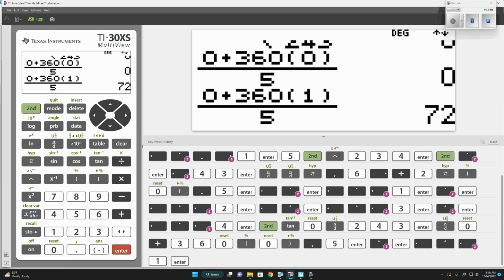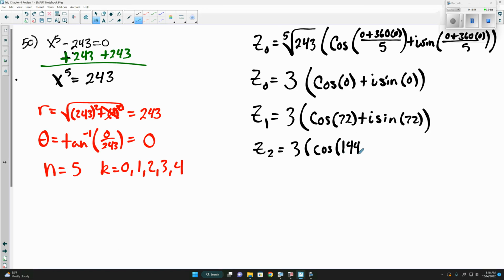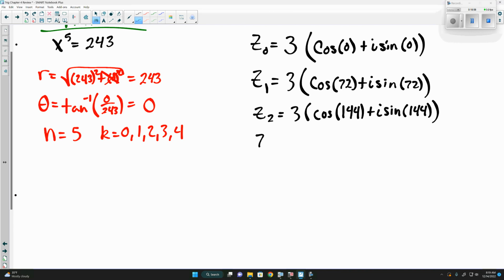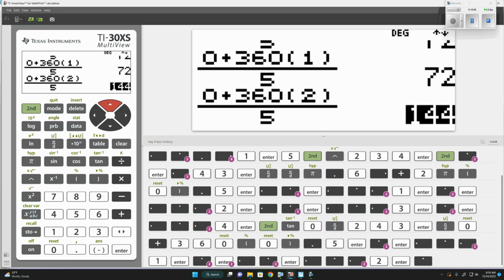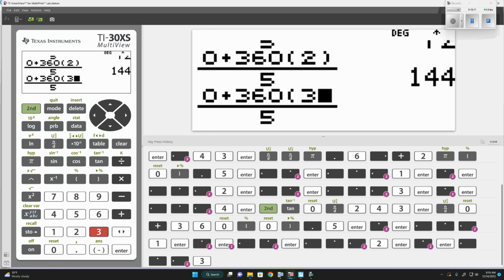Then we can do it again. So really this time we're looking at 720 divided by 5. Now we can do this again. I have a feeling we're going to get 180. 216.